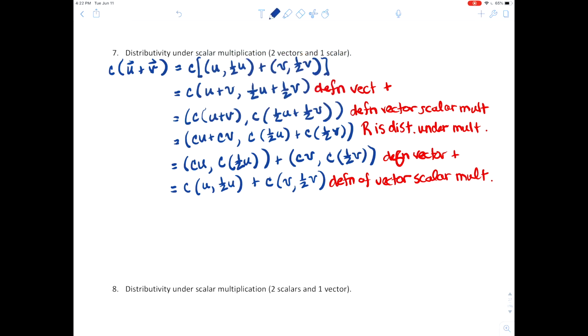And this in turn is going to be C times the vector U plus C times the vector V, which is where we wanted to go. You good so far? Awesome. You can do it. I know you can. And yes, every step that we did was necessary. Don't skip steps. Err on the side of too many steps.